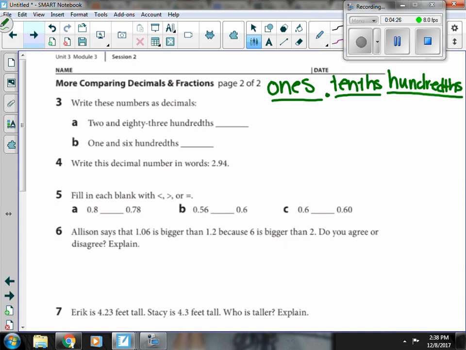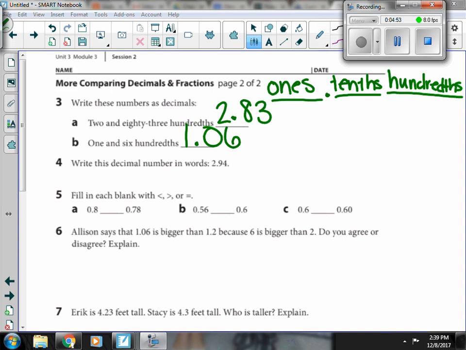So I want to write 2 and 83/100. So I have a 2 in the ones place, and then my decimal point, and 83/100. So 83, and it ends in the hundredths place. Then I have 1 and 6/100. So I have 1, and I don't have any tenths, but I have 6/100.